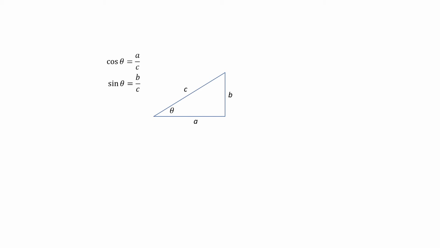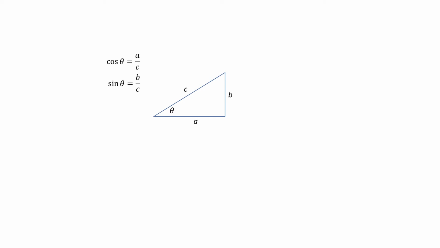But we also said that really the size of the right triangle doesn't matter, because the ratio is going to be the same no matter what triangle it is, as long as the triangle is built on that angle theta. So now let's just use that fact, and let's use length of 1 as our hypotenuse.